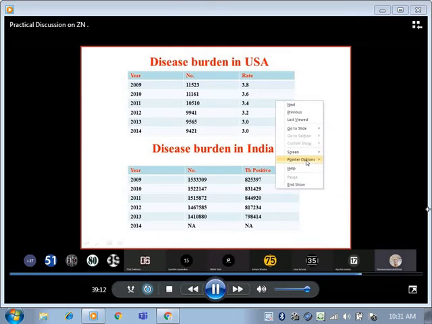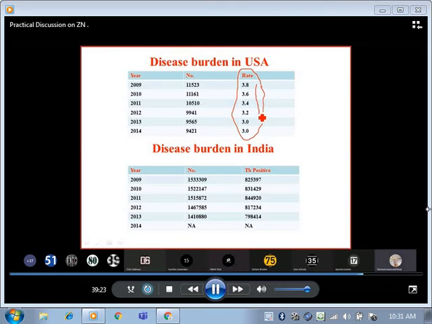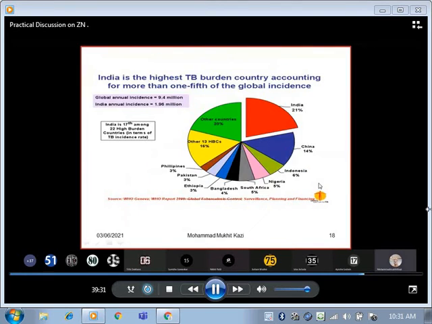You can see here data from the last 10 years or so. In the US, look at the US data. They are very much in control with tuberculosis. They have been able to decrease the cases. Look at us. We are proud of tuberculosis.